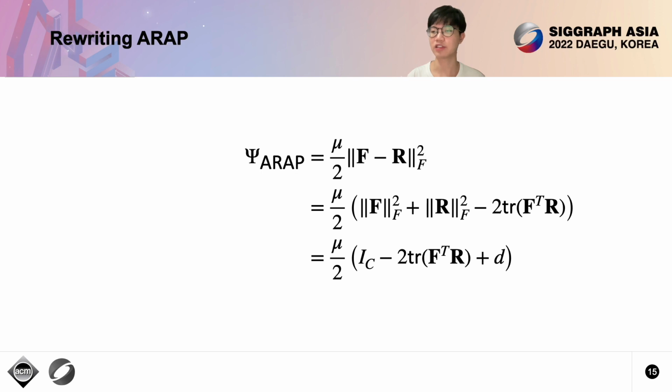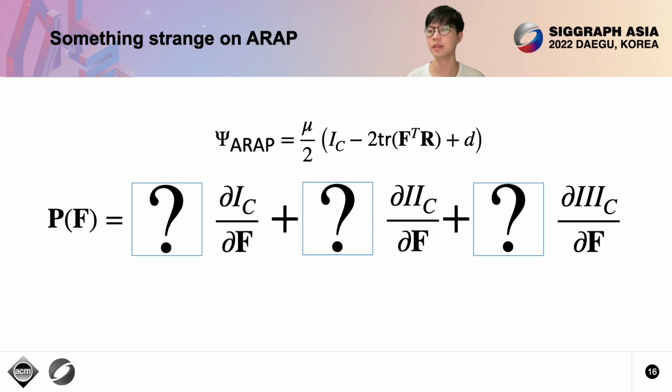However, something strange happened on ARAP. How to rewrite this term? This trace term does not correspond to any of the Cauchy-Green invariants, so this certainly stops us from expressing the ARAP energy using the Cauchy-Green invariants. And it also stops us from obtaining a gradient in a similar way.